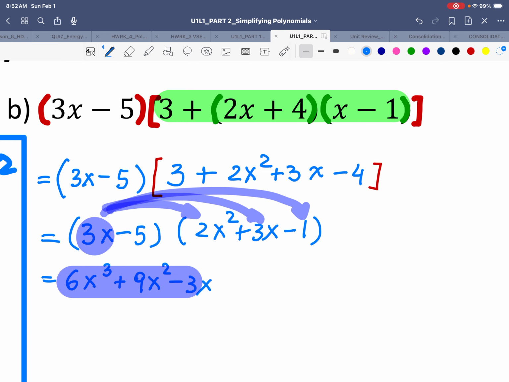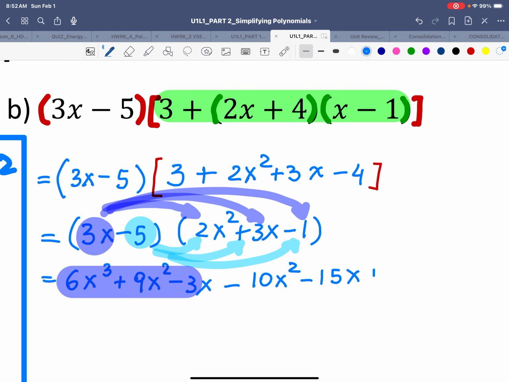And similarly, we will be multiplying this term here by every term in the trinomial, and that will bring us to minus 10x squared minus 15x, and then plus 5. And voila. Here we go.